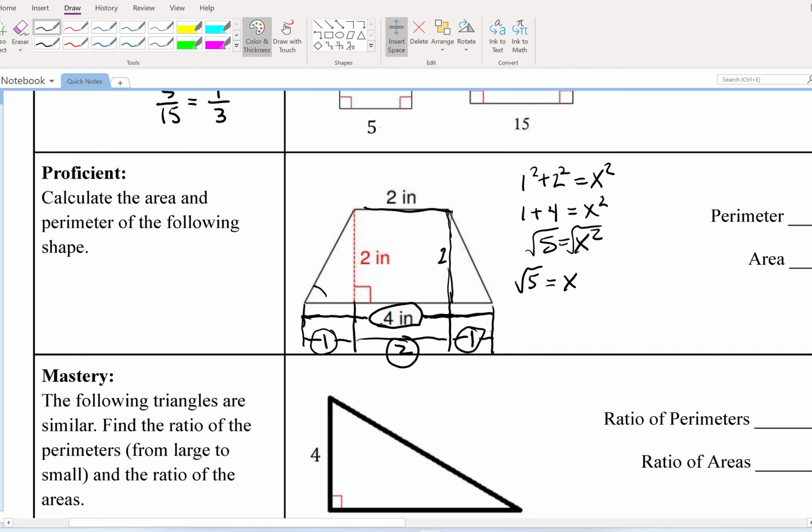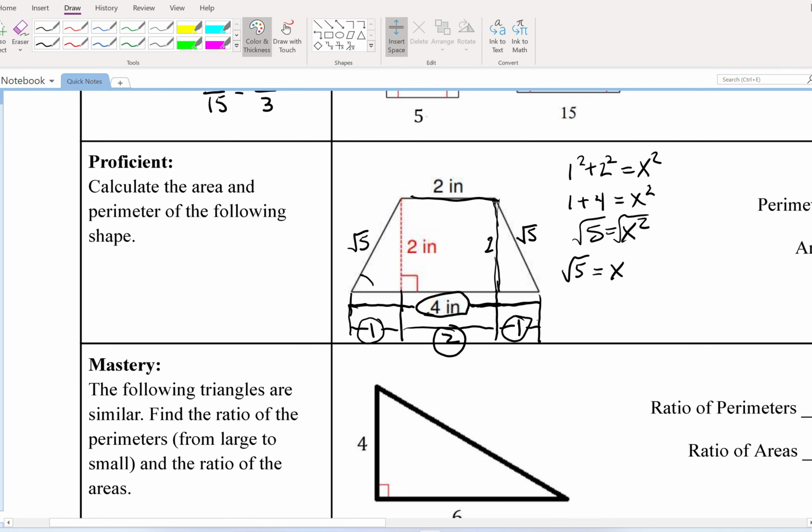So again, if our assumption was correct, this is the square root of 5, then this is also the square root of 5. And then we can just add up. So I've got 4 plus square root of 5 plus the square root of 5, which would be 2 times the square root of 5, plus, let's see here, here's my 4, which is all the way across here.